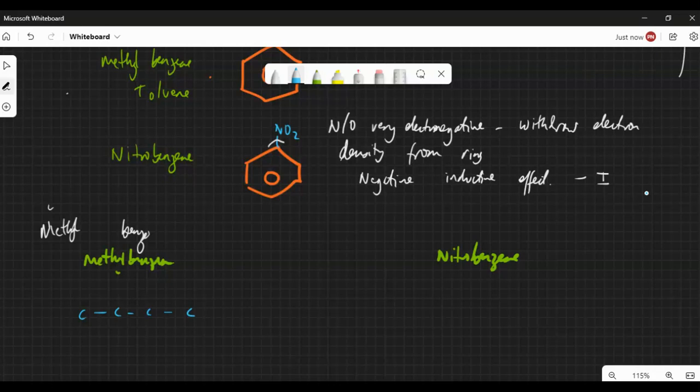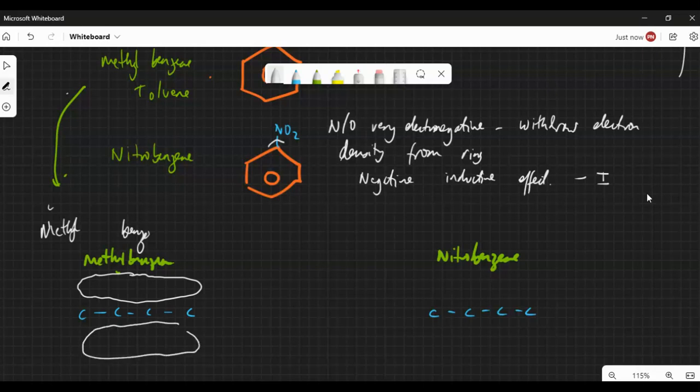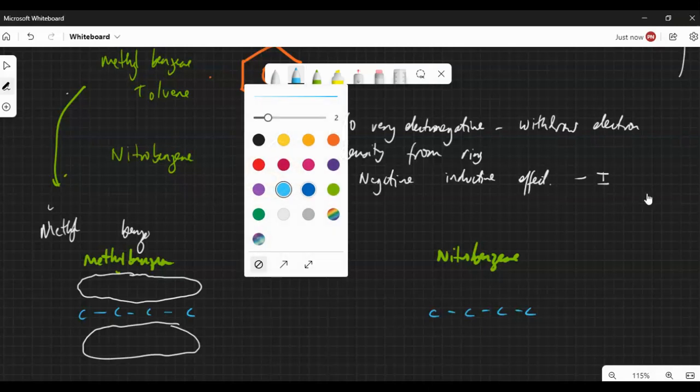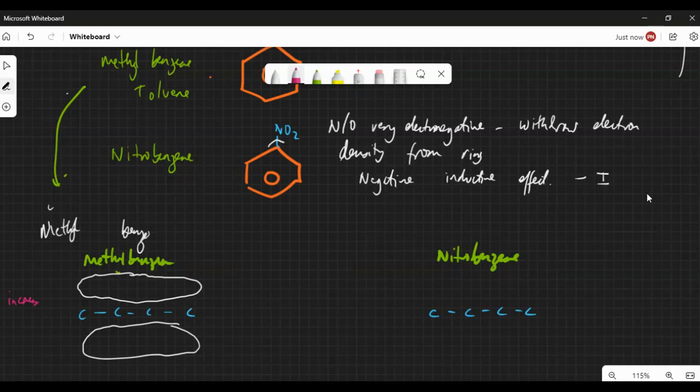If we look at the side-on view, as we looked at earlier, within methylbenzene, electrons are being pushed onto the benzene, this top one, if you remember, and therefore the electron density will be enhanced in methylbenzene. You'll get more electrons above and below, so in methylbenzene you will get increased electron density in the ring.